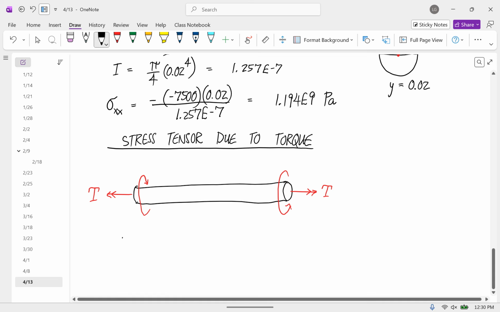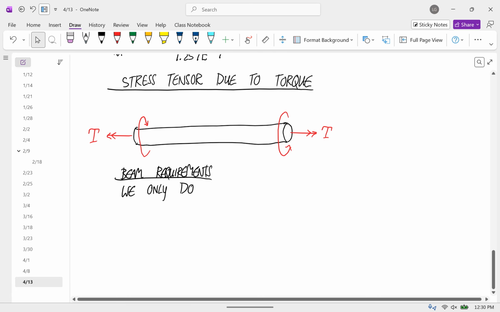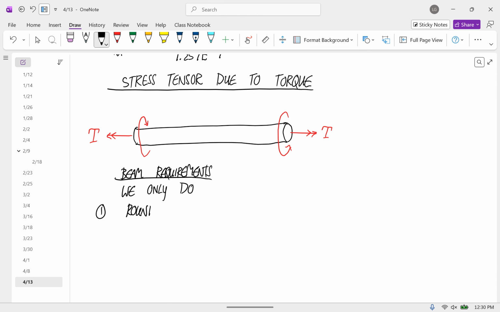So the beam requirements here are very stringent again. We can only do round cross sections, circular cross sections.